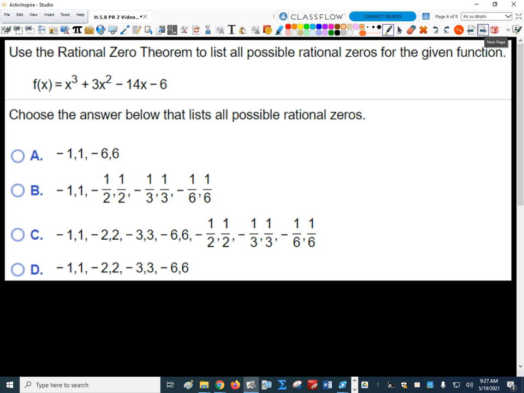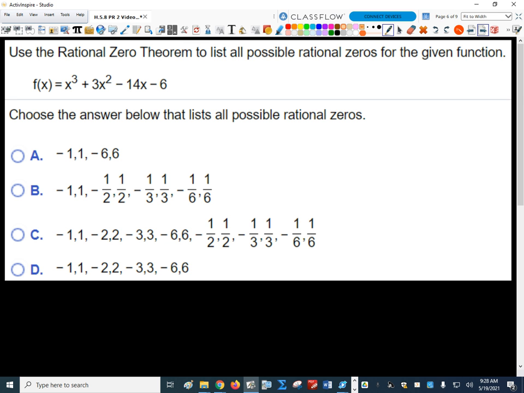How about this one right here? I want you guys to pick which of those lists is the complete list of possible zeros for this function, possible rational zeros. You get that there's a little hole in this strategy. It doesn't always work because what if none of your zeros are rational, right?